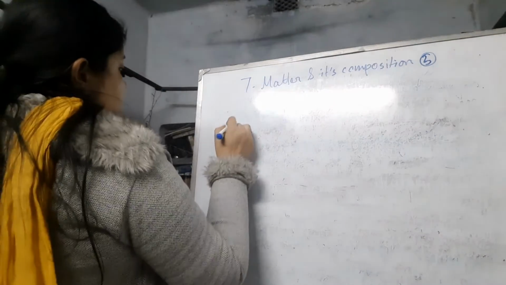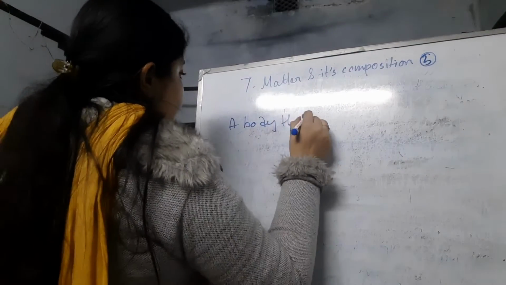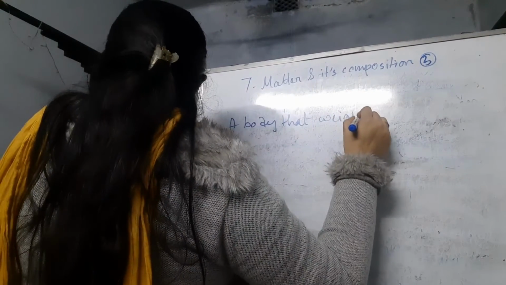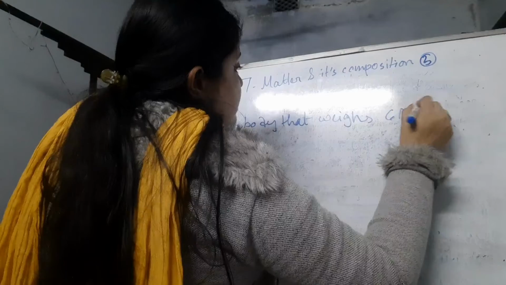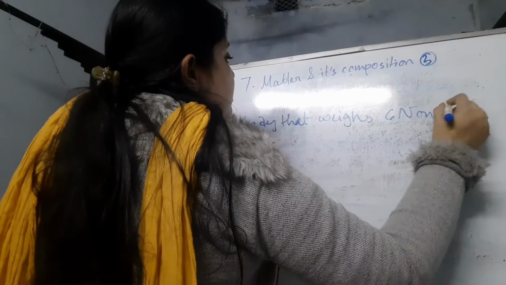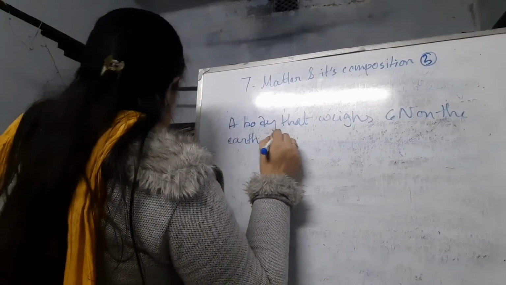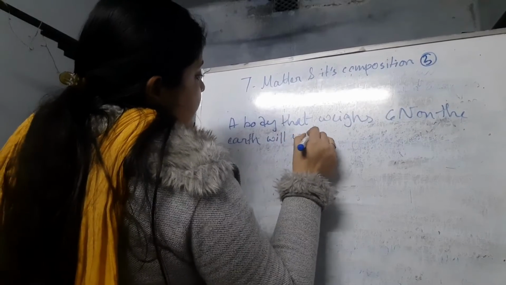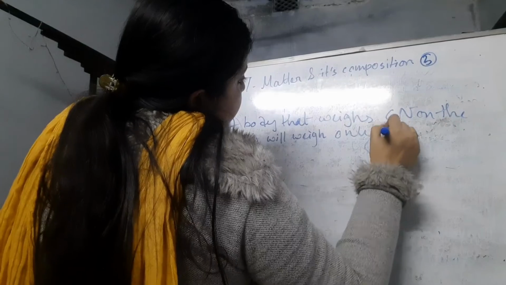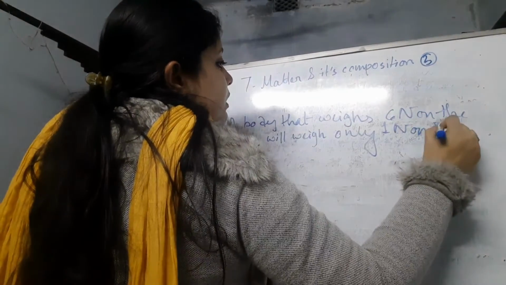The statement is: a body that weighs 6 Newton on the earth will weigh only 1 Newton on the moon.